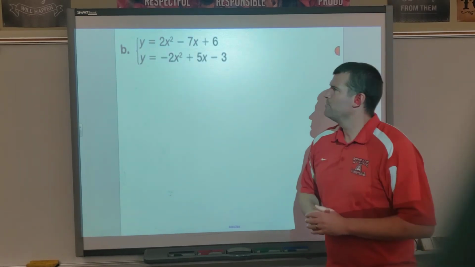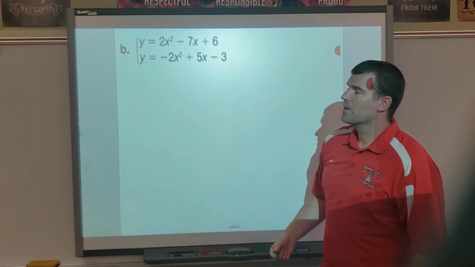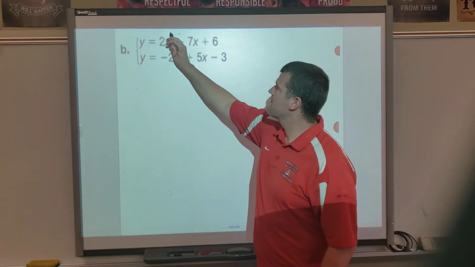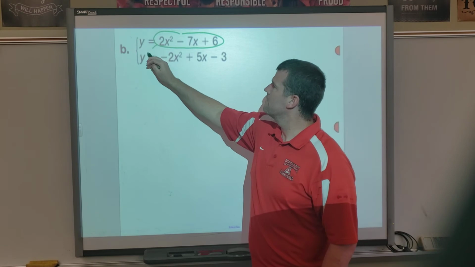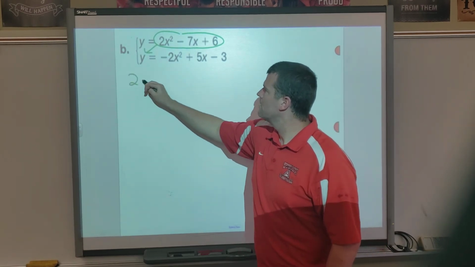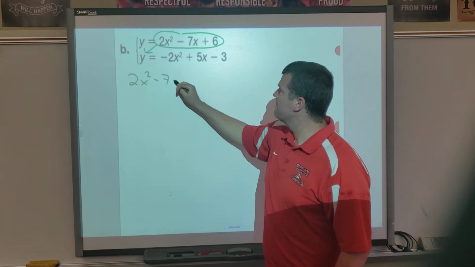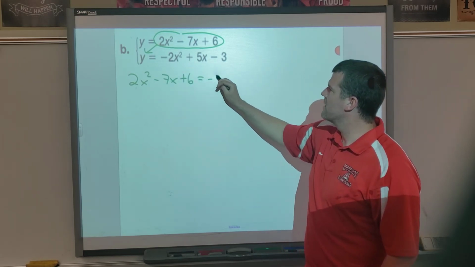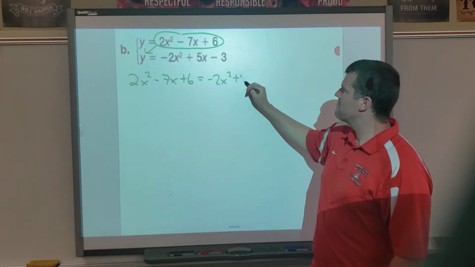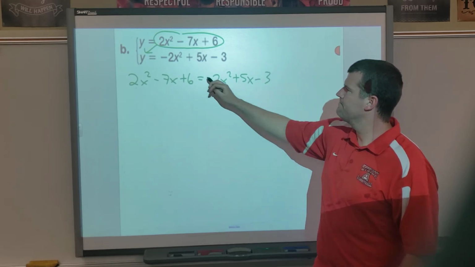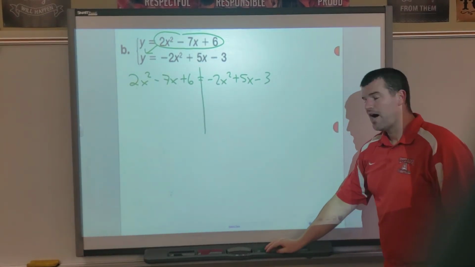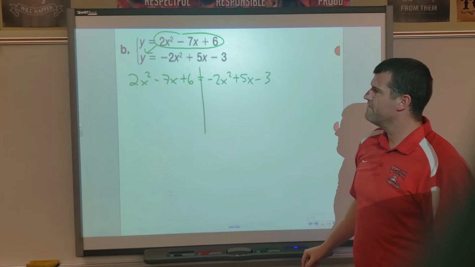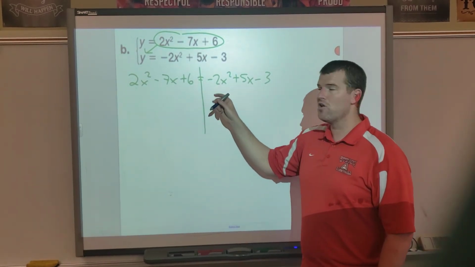Okay, another example. We're going to use substitution. So I'm going to substitute this in for y. 2x squared minus 7x plus 6 equals negative 2x squared plus 5x minus 3. I want my x squared to be positive, so I'm going to move my smaller one.